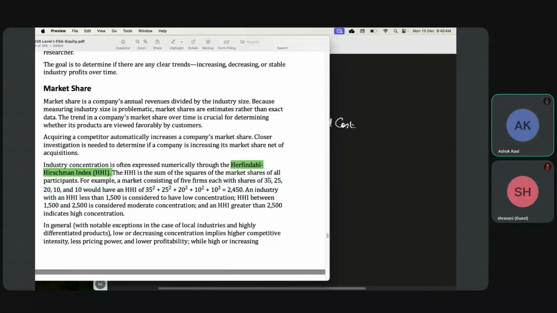First company has 35% share in the market, second 25%, then 20%, then 10%, then 10%. Whatever number they say, if they say 5 firm, we take 5 companies and square all those: 35, 25, 20, 10, 10. Squaring tends to exaggerate the number and make it bigger, which we want. So it goes to 2450 here.